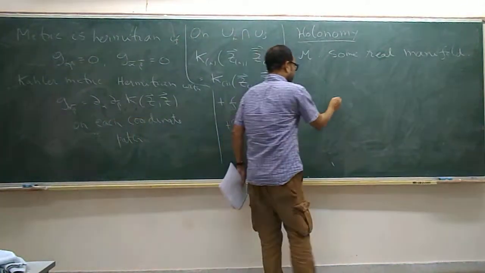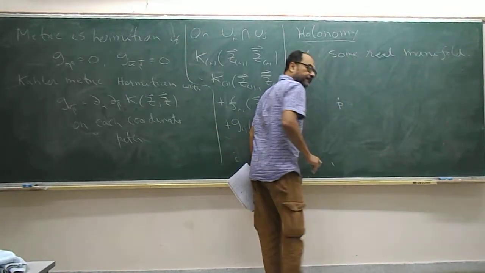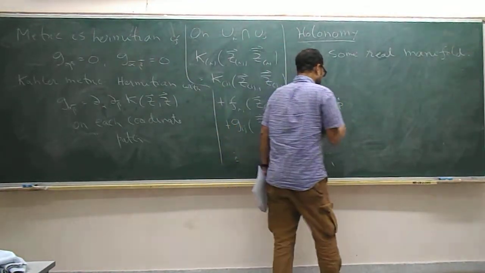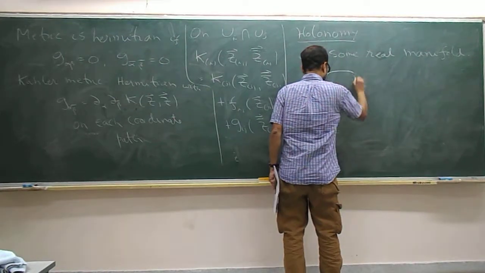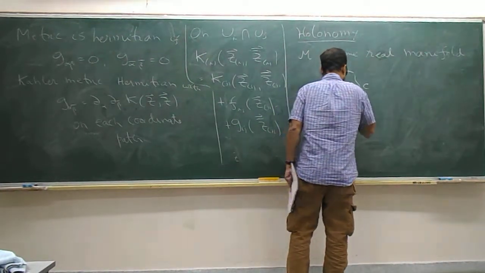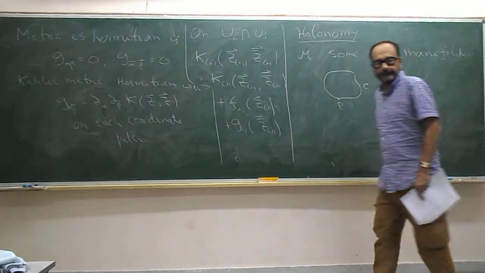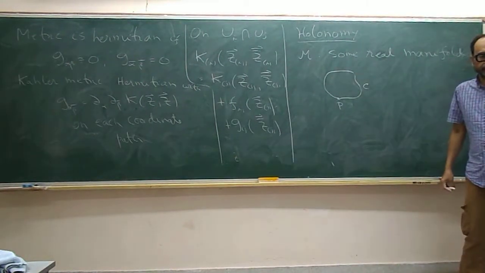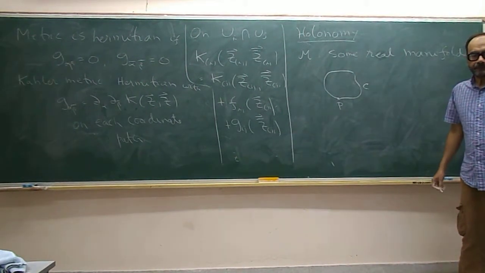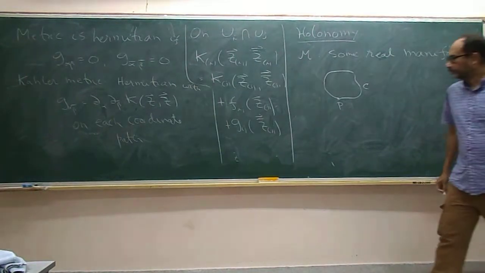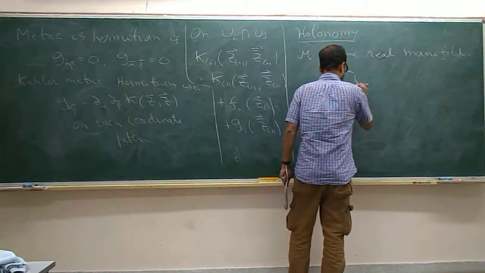So let's take a point P in M and take an arbitrary curve C, also in M, that passes through P. We take this to be oriented.